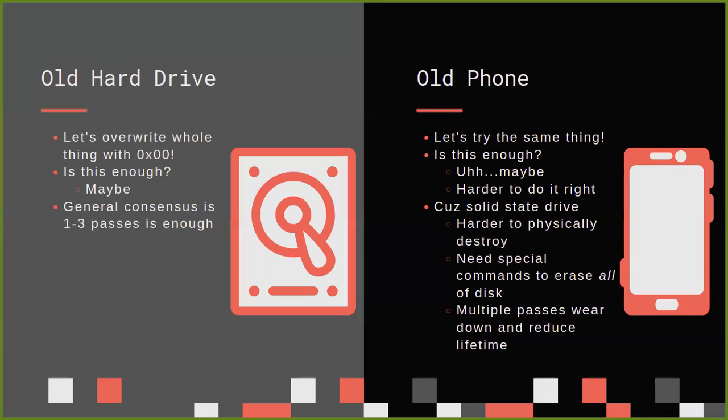And so in order to be able to write through the entire disk, you need some very special commands so that you are able to actually overwrite every single part of the disk. And if you wanted to do multiple passes, so 2 or 3, you also incur the cost of wearing down your drive prematurely, and you reduce the lifetime, right?